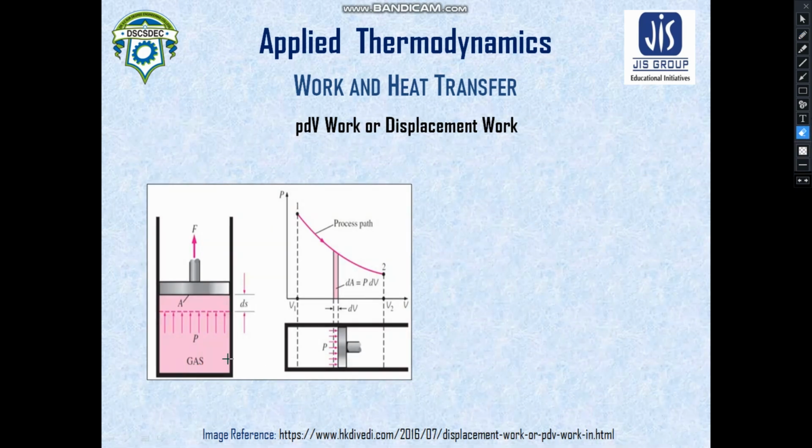Now we'll be discussing the displacement work for different thermodynamic processes. As I said in the previous lecture, we shall be discussing much more about the different thermodynamic processes like isobaric, isochoric, isentropic, and all the others.